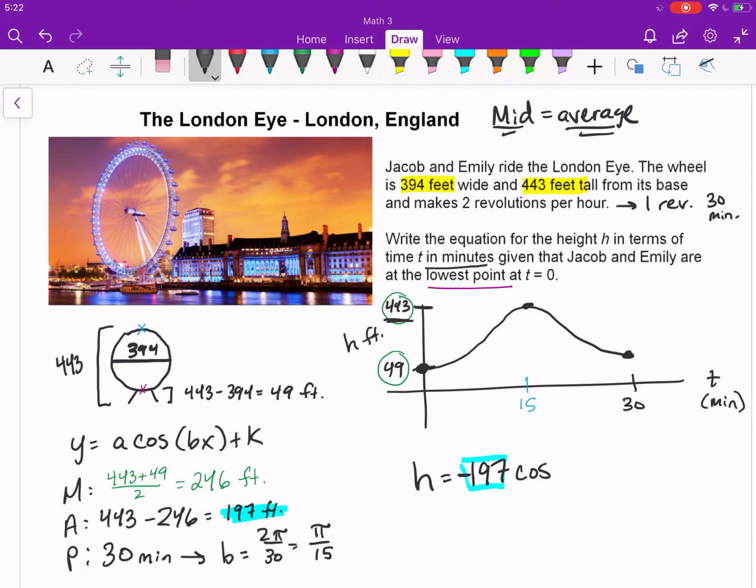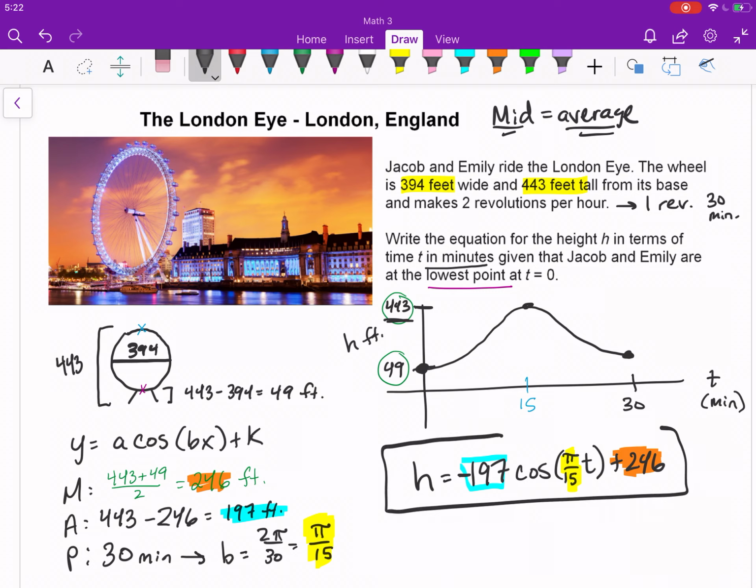And we've got cosine, and we're going to use a t instead. And we found our b, so it's pi over 15. So that's this right here. Boom. And then our midline is 246. So I'm going to put that right there. So I'll just put plus 246. And you are good to go. That is the equation.